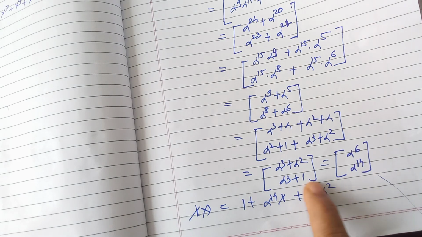First you have to find this alpha raised to 6 in terms of multiplication of two alphas with particular powers, so that their powers get added to 6.